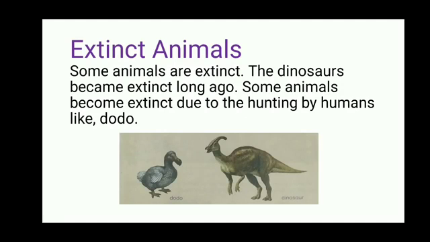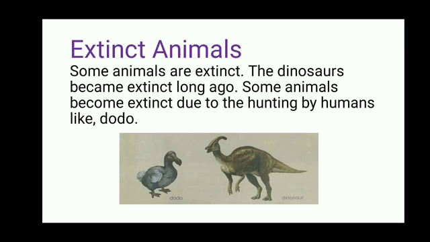Let's move on to the next topic, that is extinct animals. Extinct animals means napaid janwar. Some animals are extinct. The word extinct means that they no longer exist. The dinosaurs became extinct long ago, and the main reason, according to scientists, is climatic change.